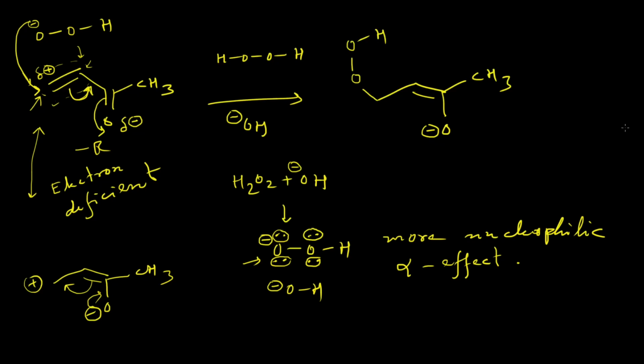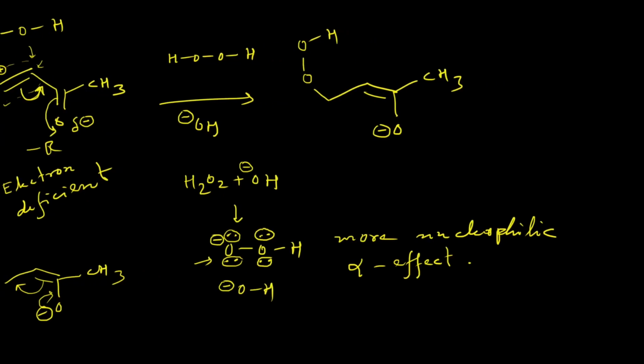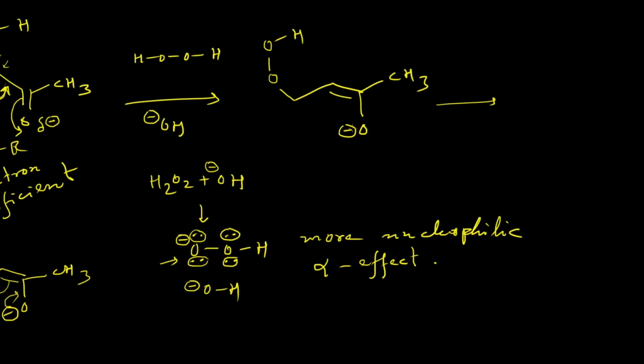Okay, clear? So after this step, this O minus will again form the double bond with the carbonyl carbon, and this pi bond will now break, and it will attack this oxygen, because this oxygen center now will behave as an electrophilic center, like an electrophile, and this pi electron cloud will act as a nucleophile.